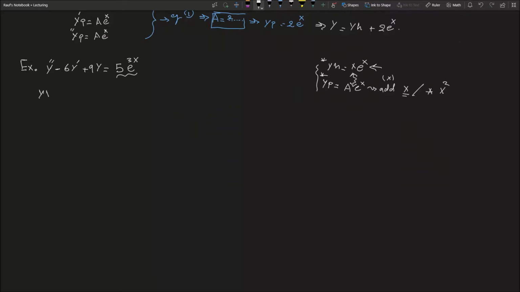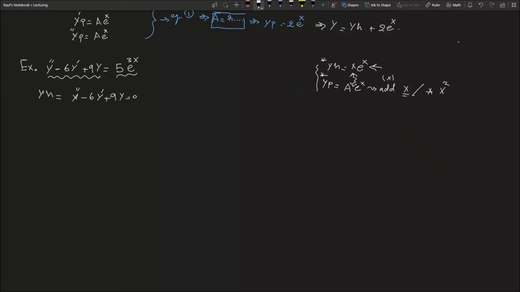Okay, let's start here with y homogeneous. We have y double prime minus 6y prime plus 9y equals 0. Let's write it down actually. I prefer to use the exponential guess method.